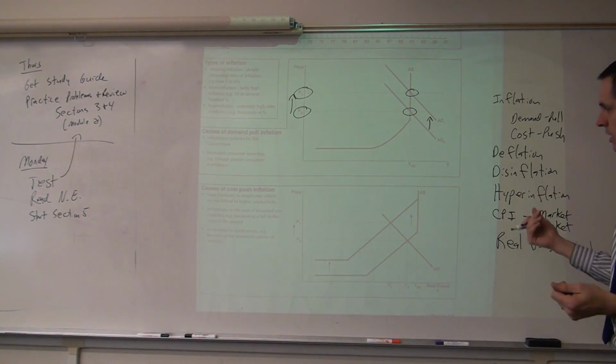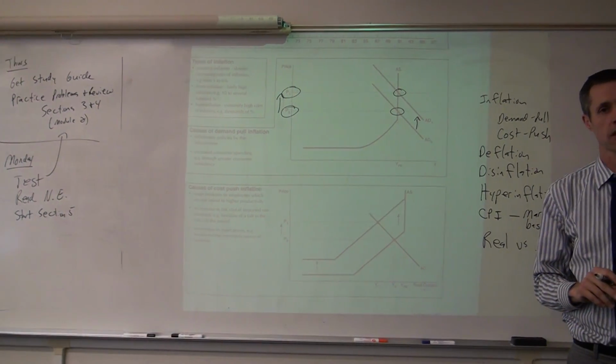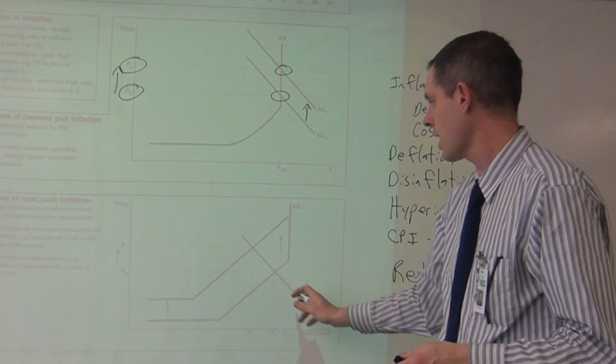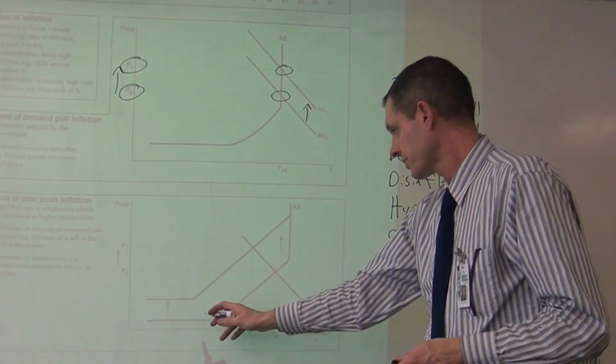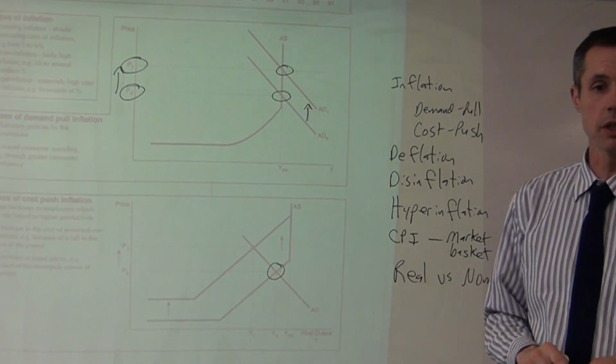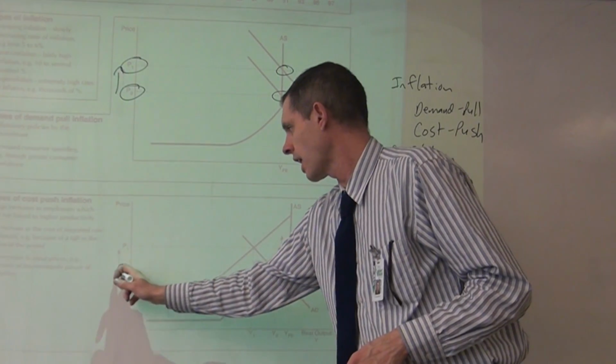The flip side of that is when aggregate supply causes your increase in the average price level. If you've got an aggregate demand, right here, AD0, and your first aggregate supply curve, you have an equilibrium point with your average price level.